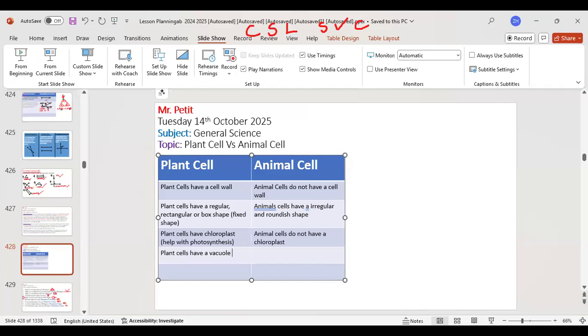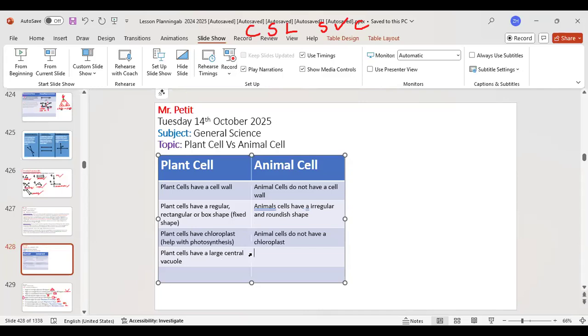So plant cells have, it's very important, they have a large central vacuole. How many vacuoles do they have? They have two? What? No, they only have one. They have a large central vacuole, just one.